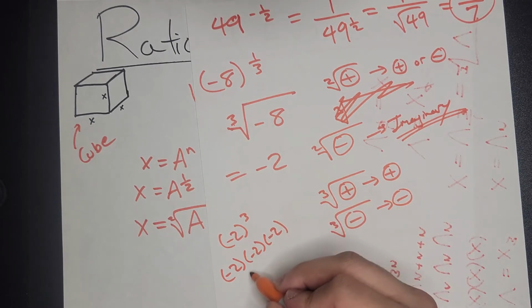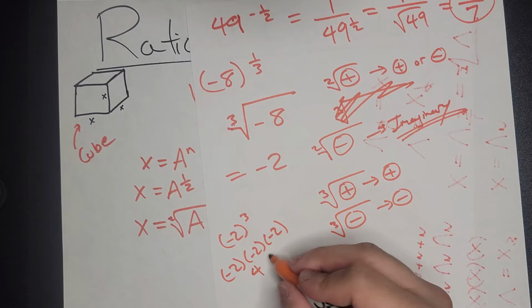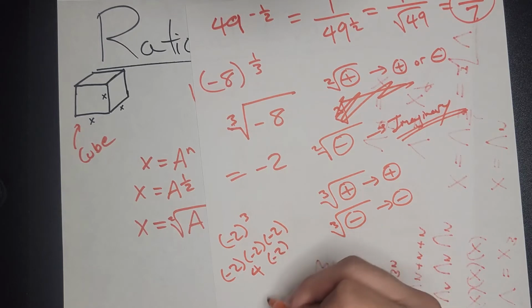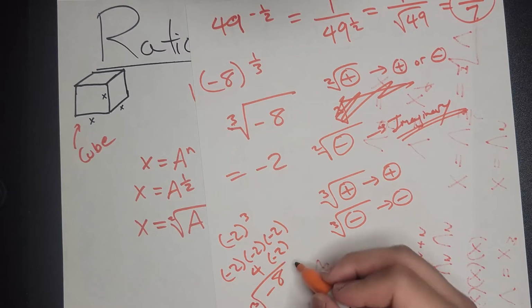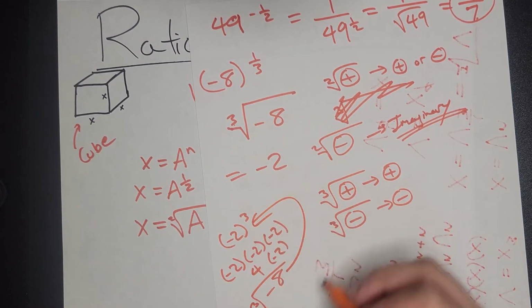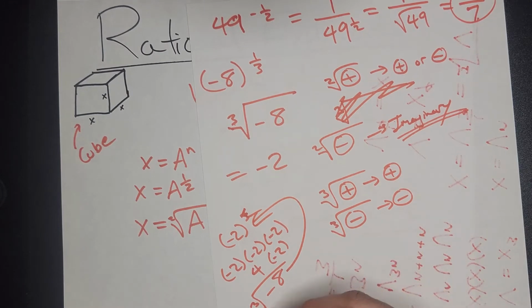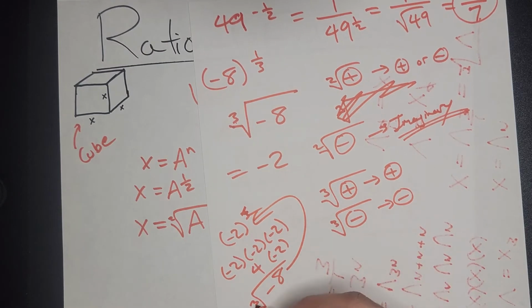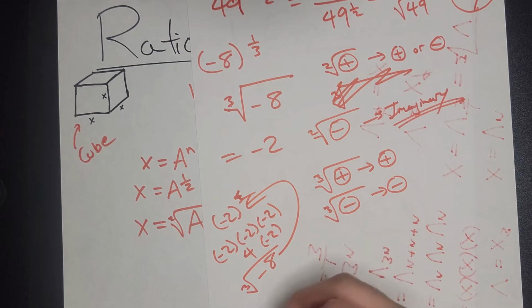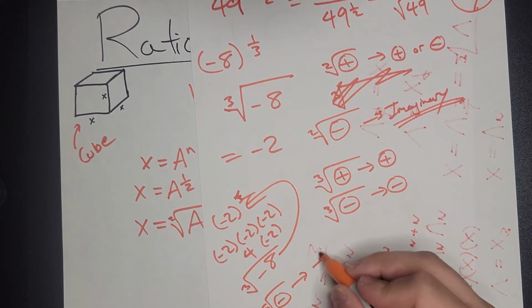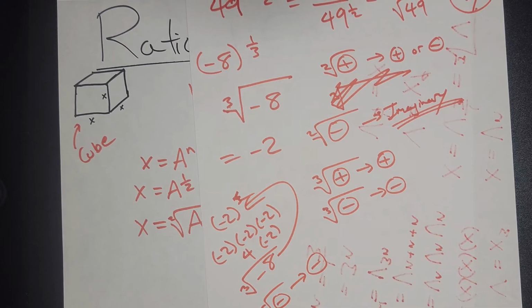This times that will give me a positive 4. But I'm multiplying it by a negative 2 again, so I'm going to end up with a negative 8. So the cube root of this will give me a negative 2. So remember that. And that goes for every odd root that you want to do. So even if you were to do a 5, you end up with the same sign. So yeah, keep that in mind.